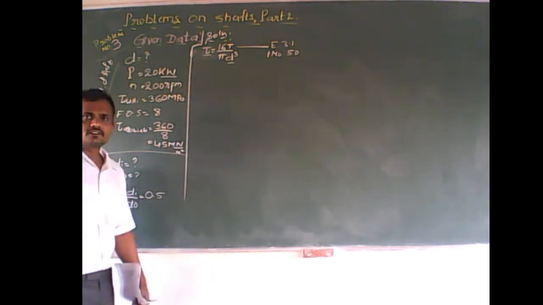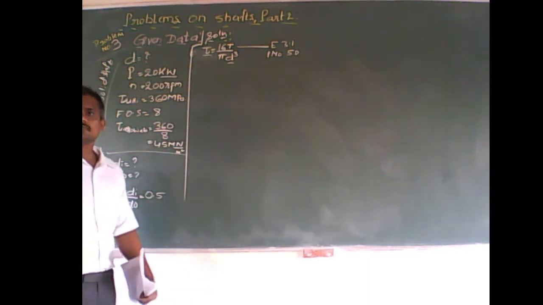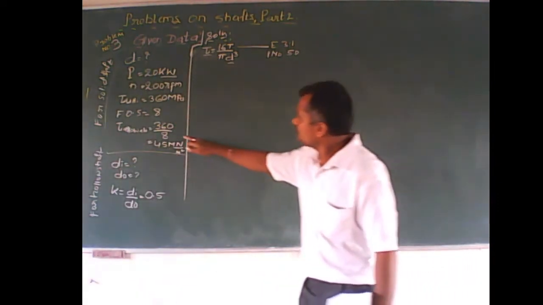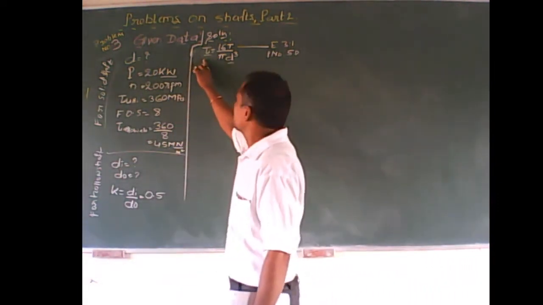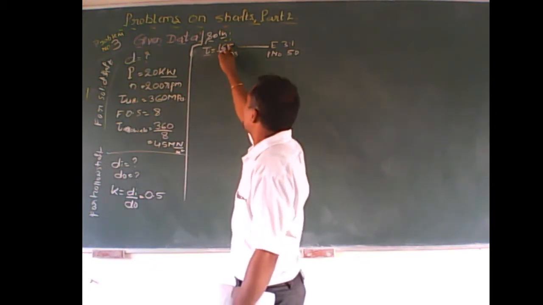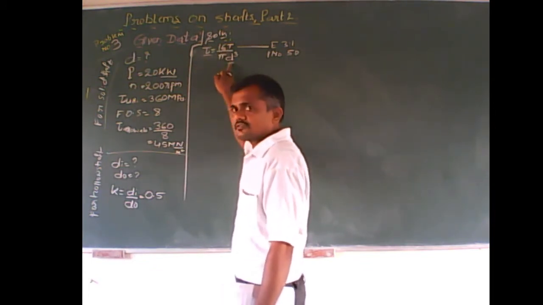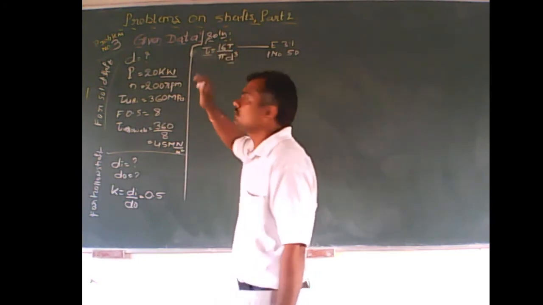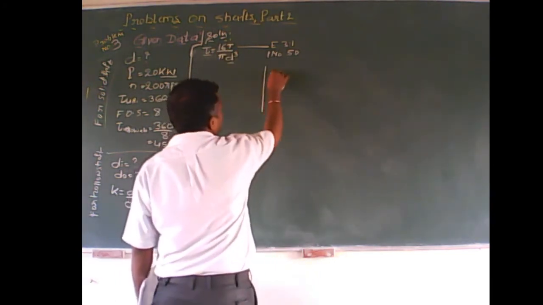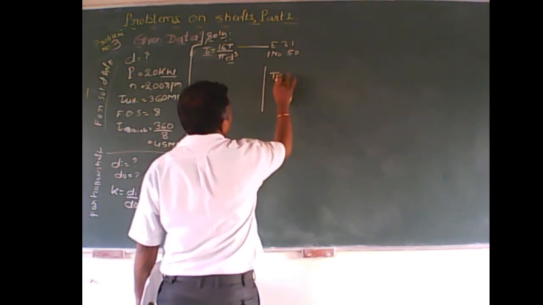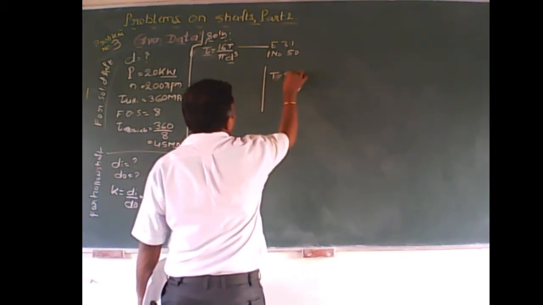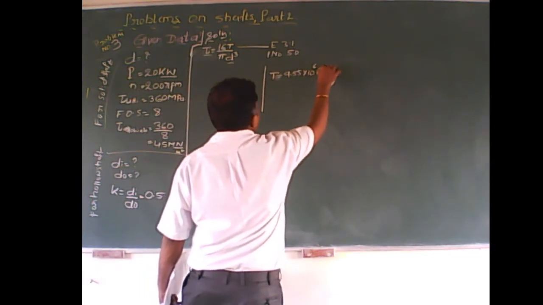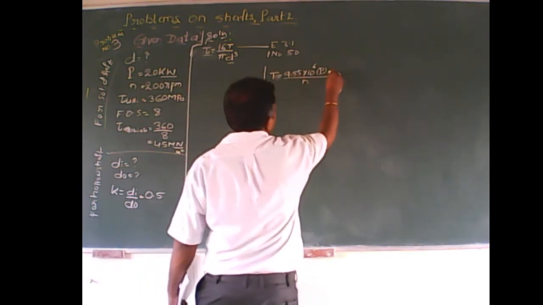Other check, 360. Is that right? So 45 you are getting. Suppose you want to substitute tau and calculate D, has T been given? No, we have to calculate it somewhere here. T is equal to, what is that equation? 9.55 into 10 raised to 6 P divided by N. Is that right?